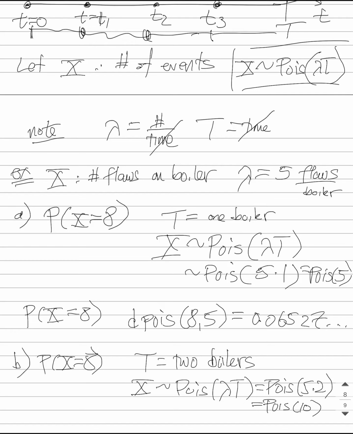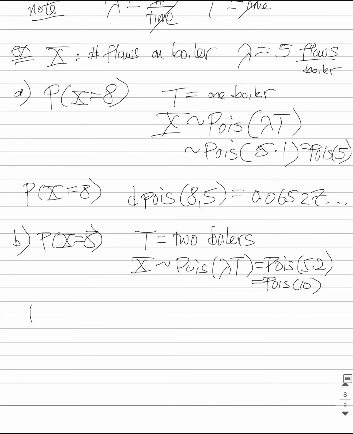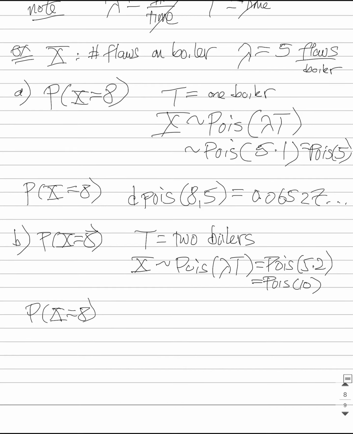This makes a difference, because now if we calculate this probability, we should use some technology like R. We would use dpois(8, 10). This turns out to give 0.112599. So about double, much larger.